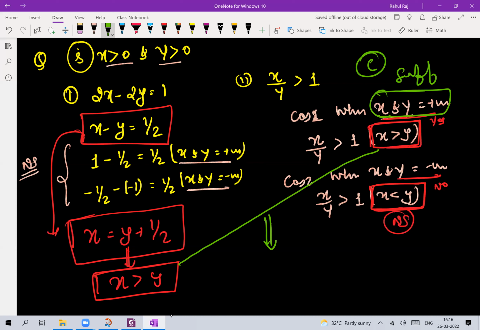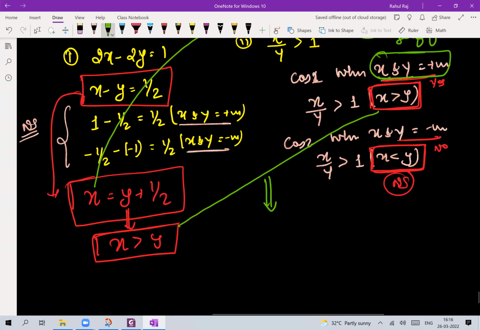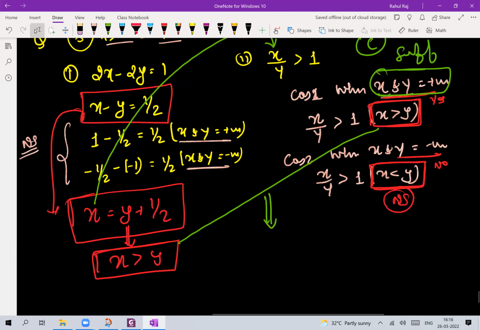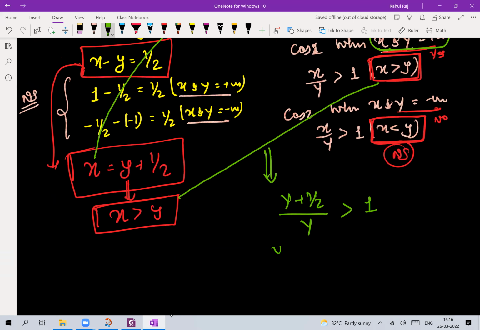And if you do not want to combine this logically, what can you do? You can put the value of X from here into option number 2 and solve it. So imagine if I put y plus half over y greater than 1. So this becomes what? Y over y plus half over y greater than 1.